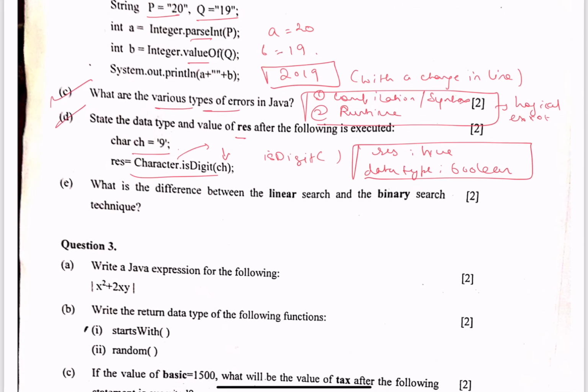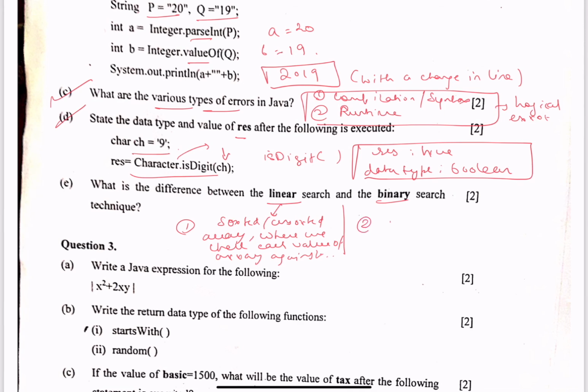Moving on to part D, what is the difference between linear search and binary search? Linear search can happen on a sorted or unsorted array, where we check each value of the array against the value to be searched.